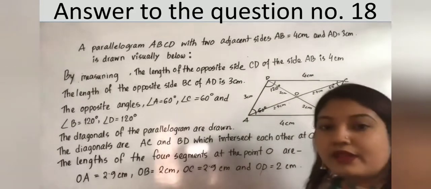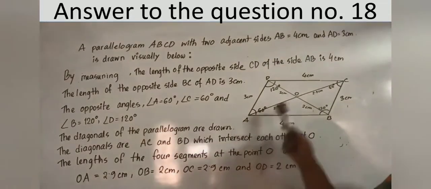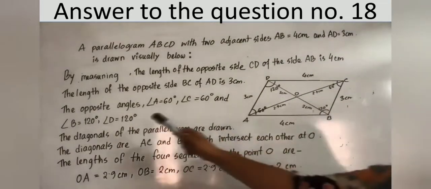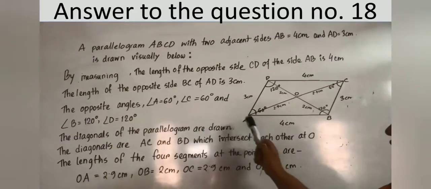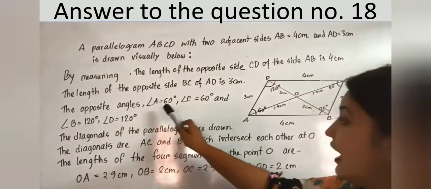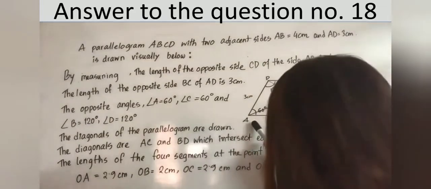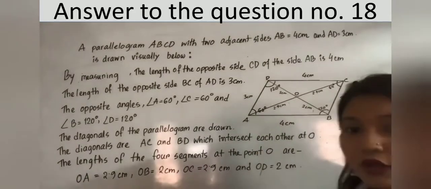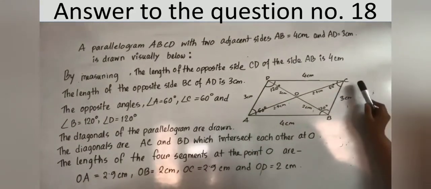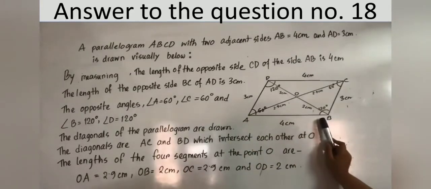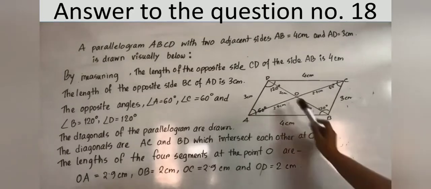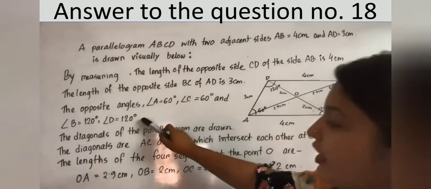Then we will measure the pair of opposite angles and see we get the value of opposite angles. Angle A is how much? Yes, it is 60 degree and being opposite of angle A, angle C will be also 60 degree. And here you can see that angle B is 120 degree and the opposite of angle B, angle D is also 120 degree.